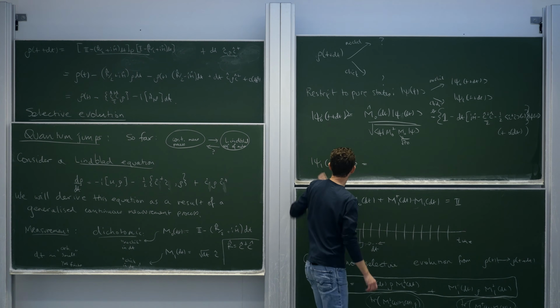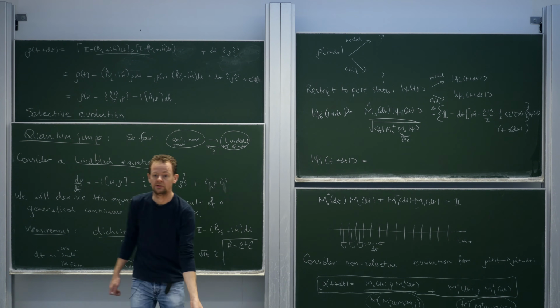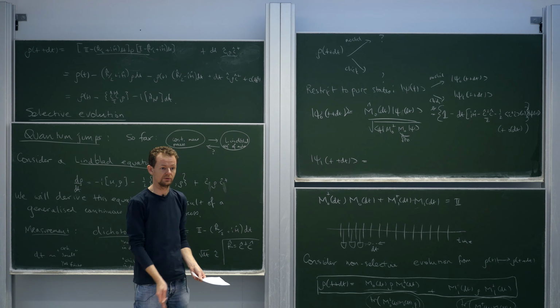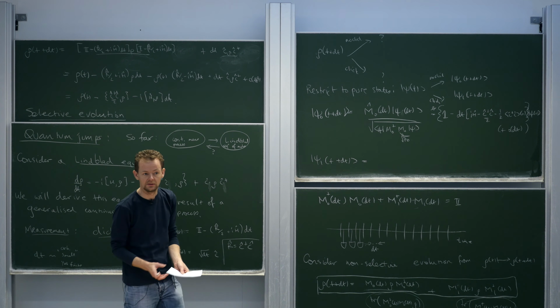Now we come to ψ1(t+dt). This is what happens if the detector clicks. Now you know something, right? If the detector clicks, you know for sure that there must have been one or more photons.